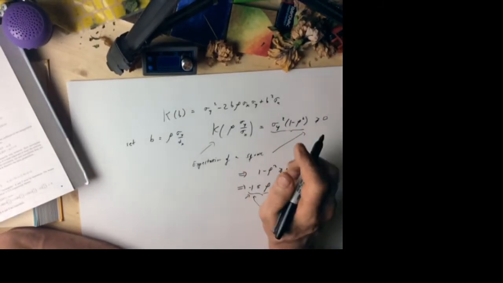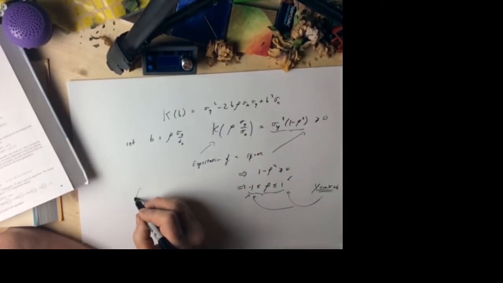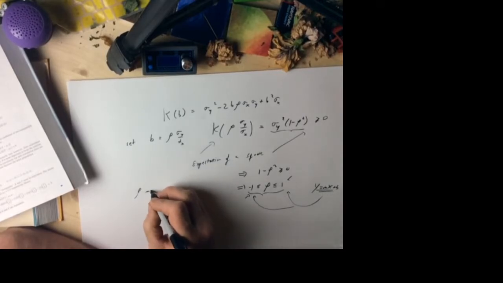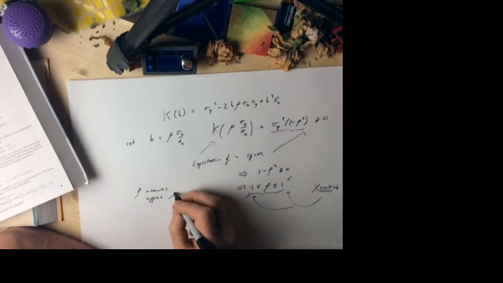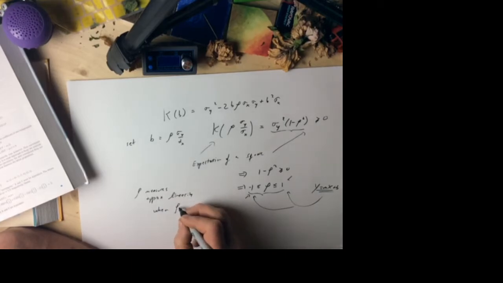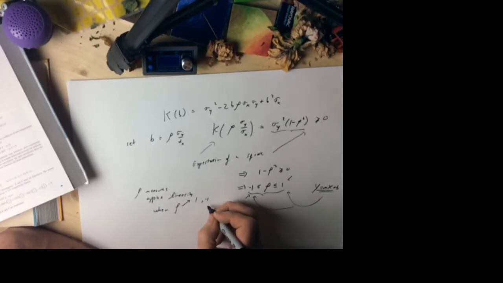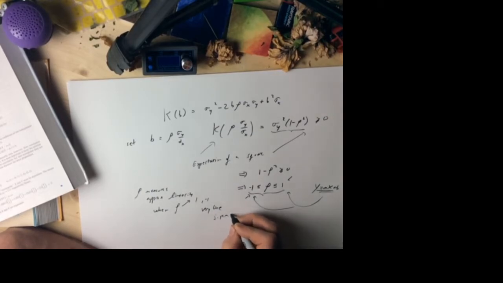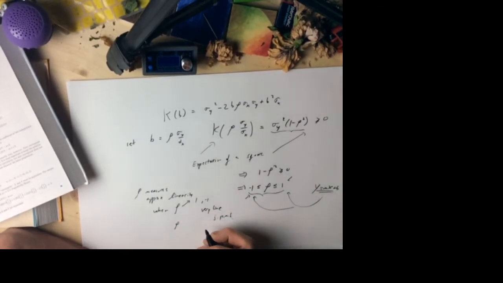This means that in some sense it's very clear that rho measures approximate linearity. When rho is near 1 or minus 1, very linear joint PMF, and if rho is approximately 0, well, very nonlinear.